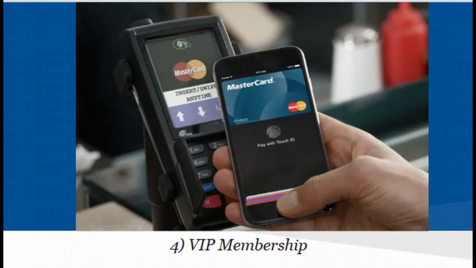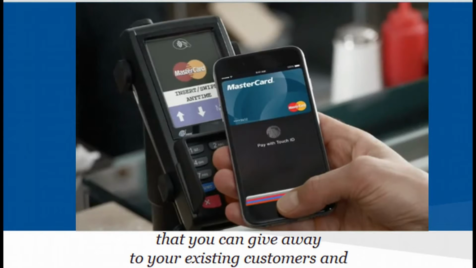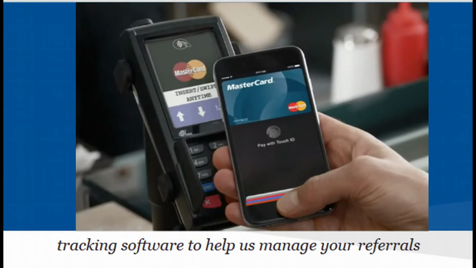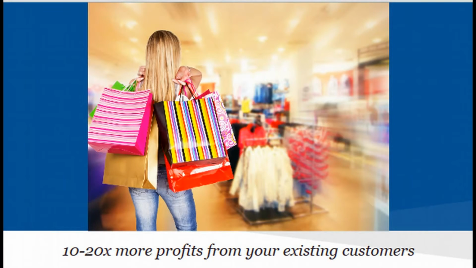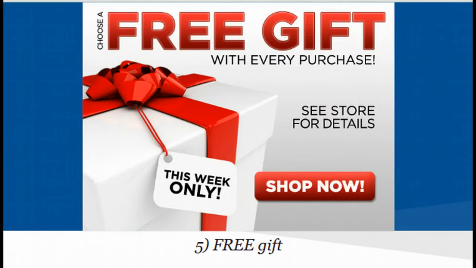Number four is our VIP membership that you can give away to your existing customers and tracking software to help us manage your referrals so you can harness the spending power of your customers who are spending with other businesses to help you to make 10 to 20 times more profits from your existing customers.